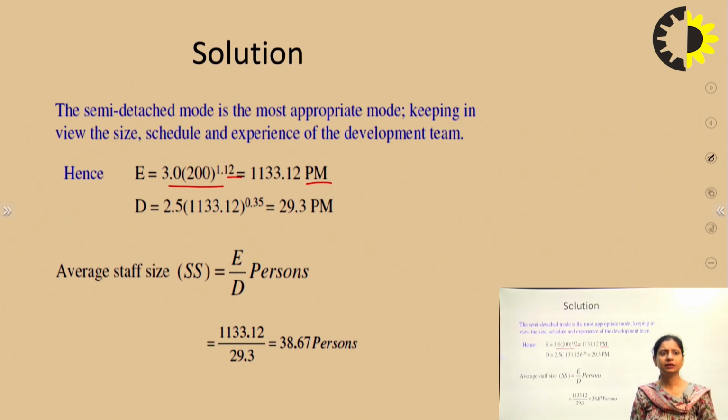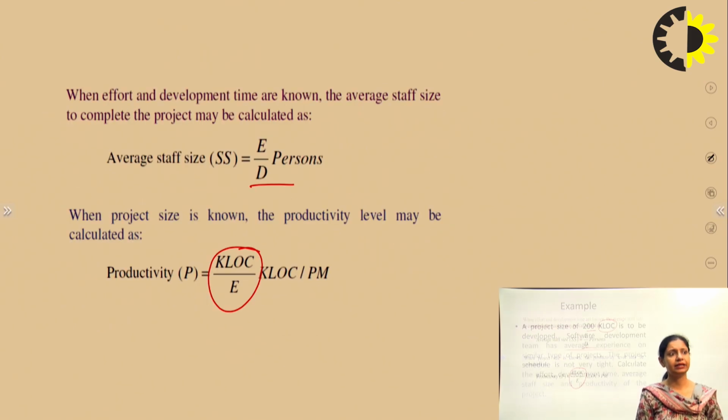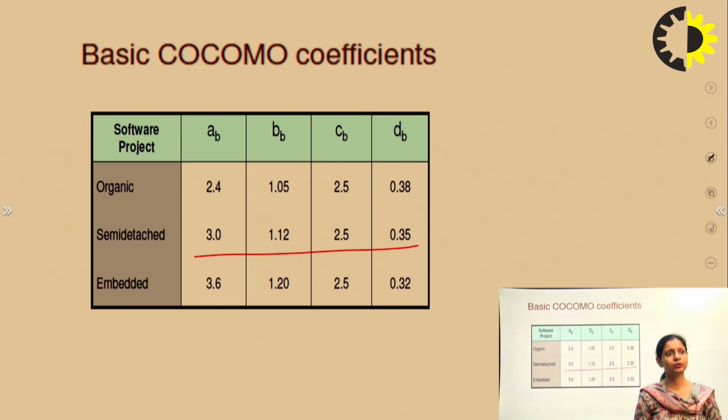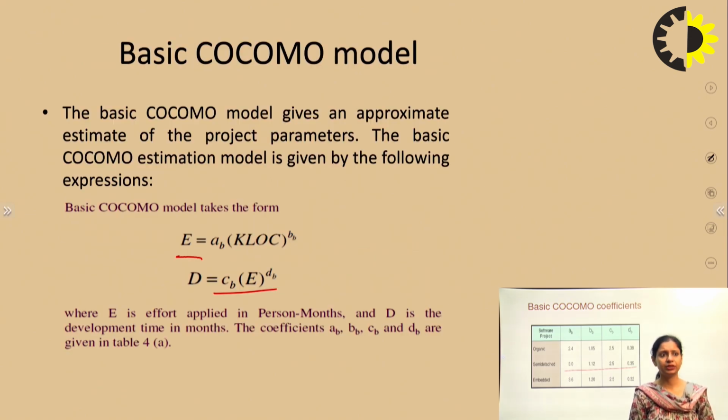D is the development time. Here we use the coefficients c and d. So if we look at the formula of D, that is c × E to the power d. The value of c is 2.5 and the value of d is 0.35.